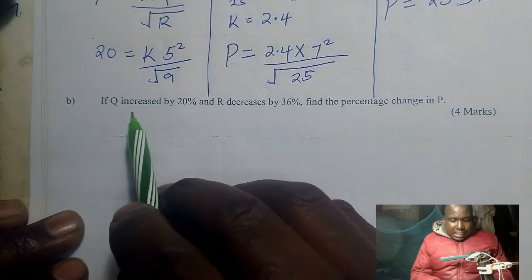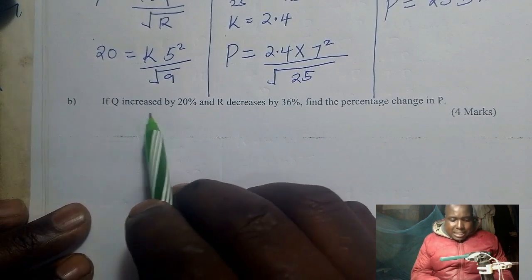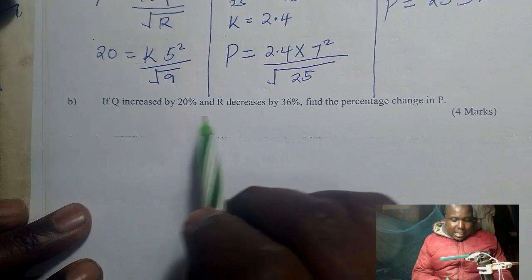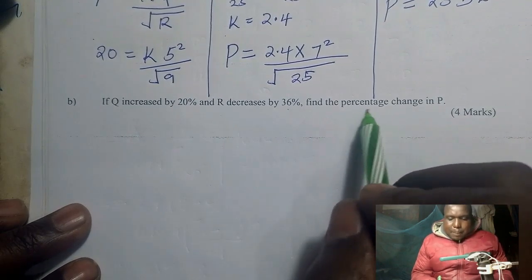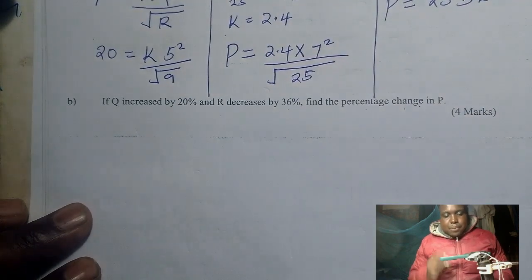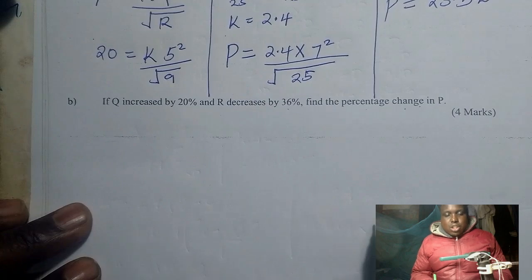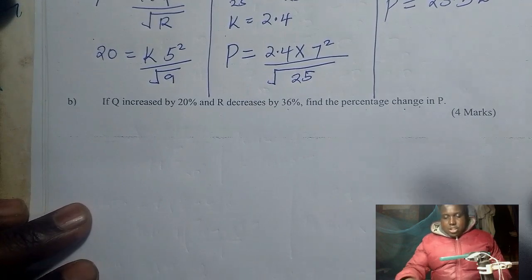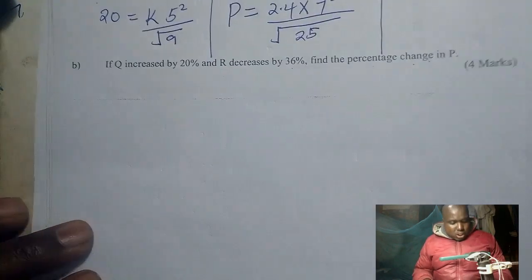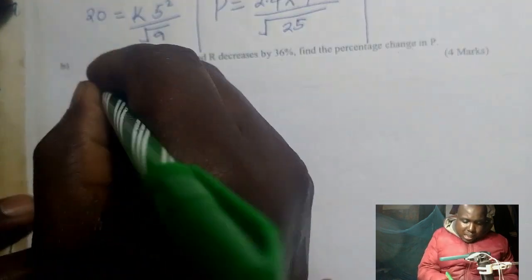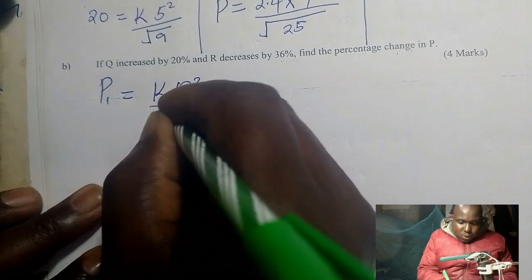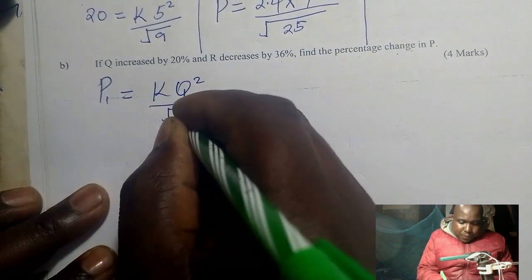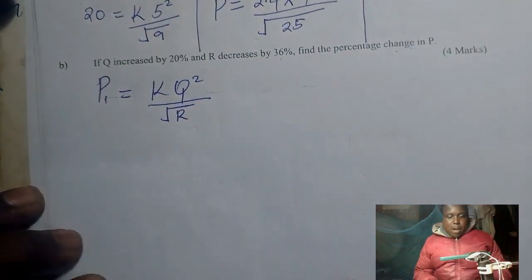If Q is increased by 20% and R decreased by 36%, find the percentage change in P. To get the percentage change, let us give this one as P1, which is equal to K Q squared over the square root of R. That is our P1.